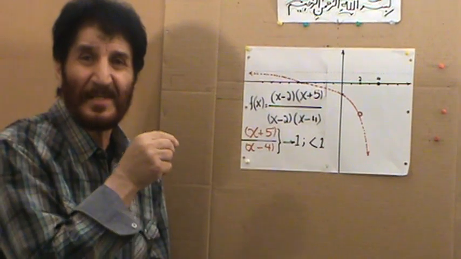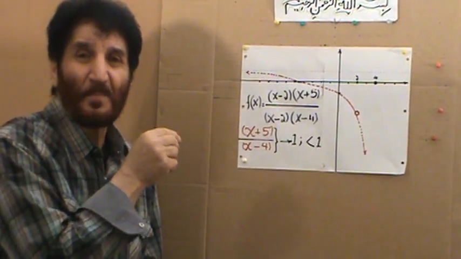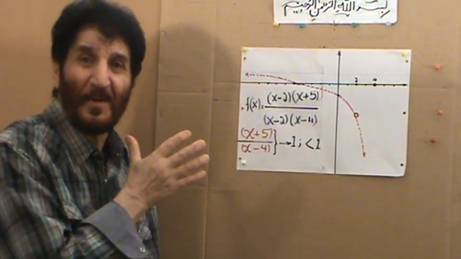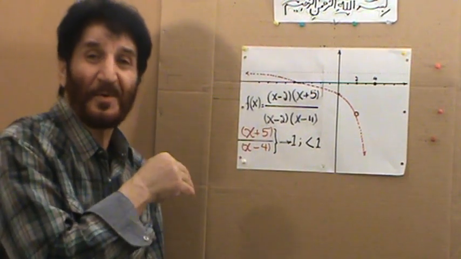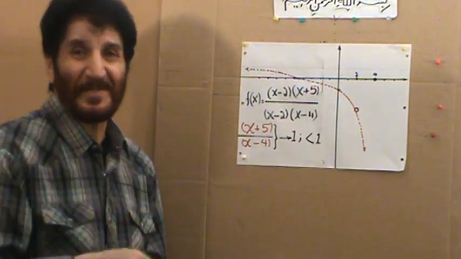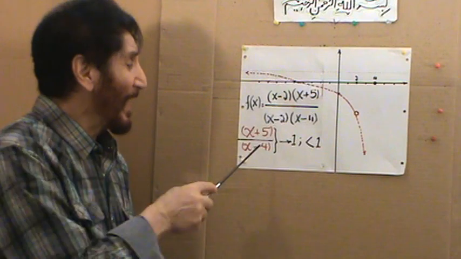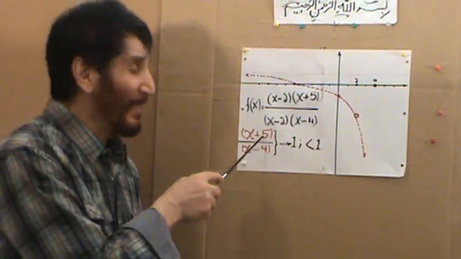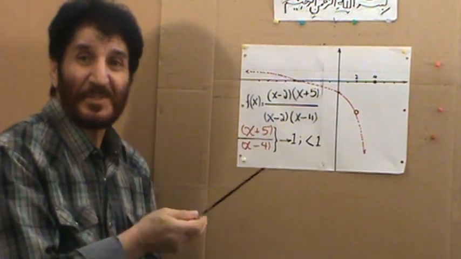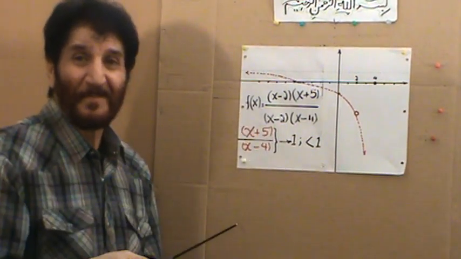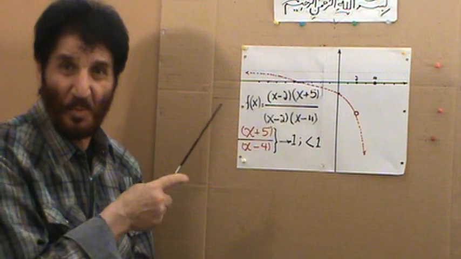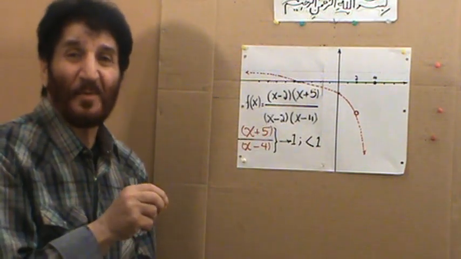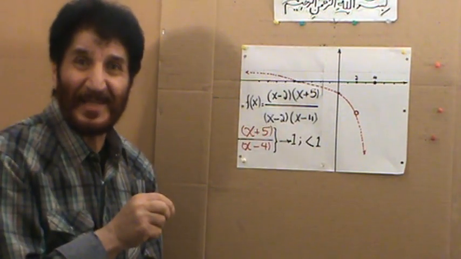Because the second quadrant is the quadrant where, for all the points, the x-coordinate is negative and the y-coordinate is positive. Now, as x gets more and more negative, we know that this ratio approaches what? Approaches 1. You see that? Because both are negative, but the numerator is always a little bit less than the denominator.